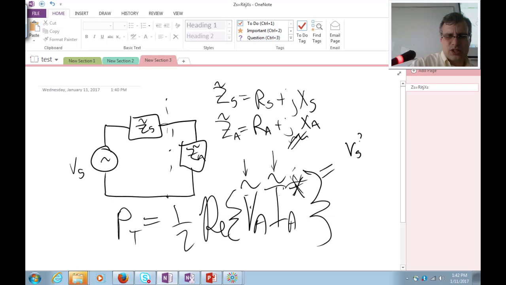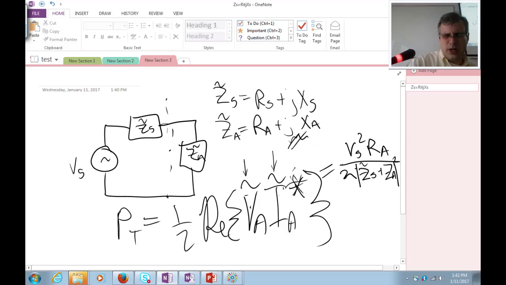So if you do that, then this quantity becomes Vs squared R sub A times 2 magnitude Zs plus Za squared.